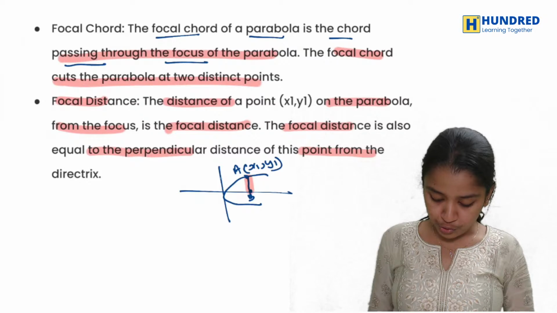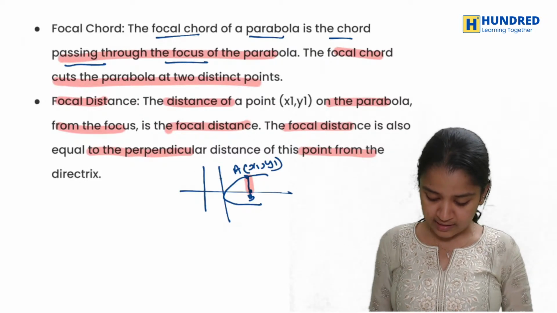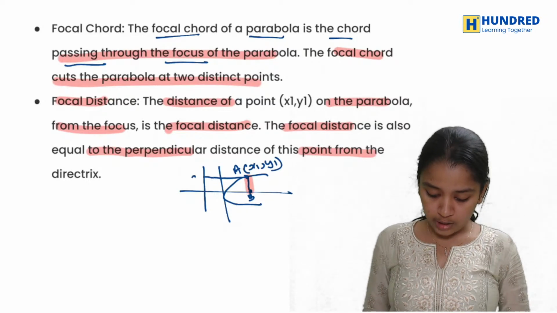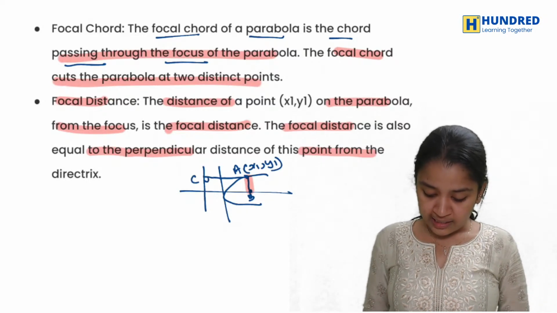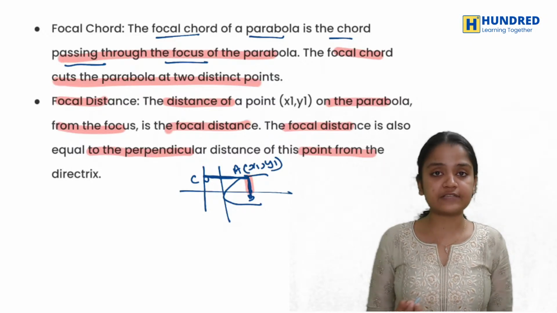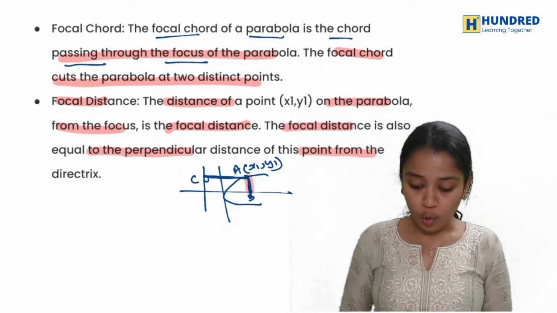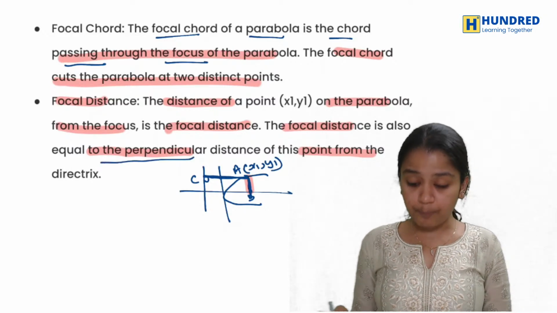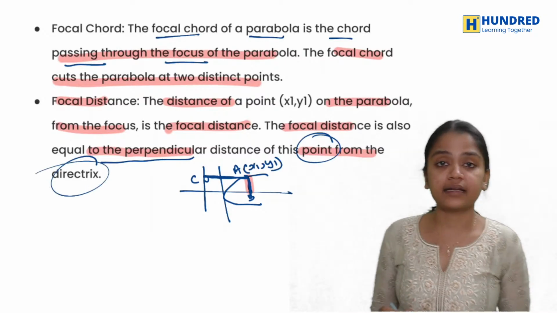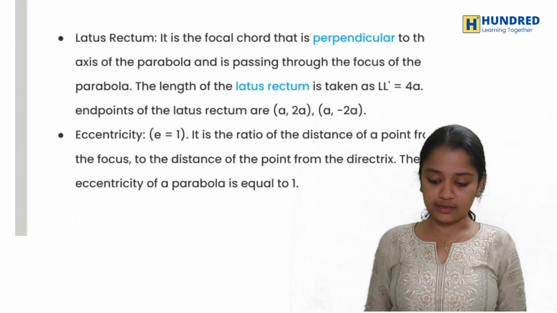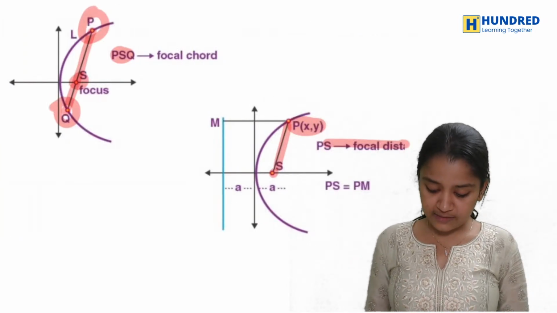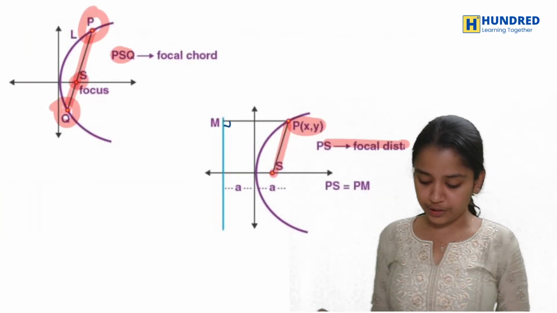From this point you draw a perpendicular line to the directrix; I'm calling the foot C. So the distance from A to C will be equal to the distance from A to B. This is my directrix and this is my perpendicular distance.